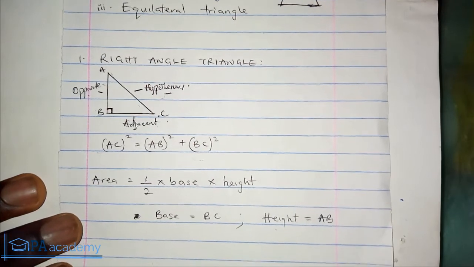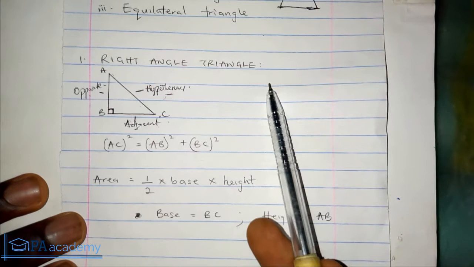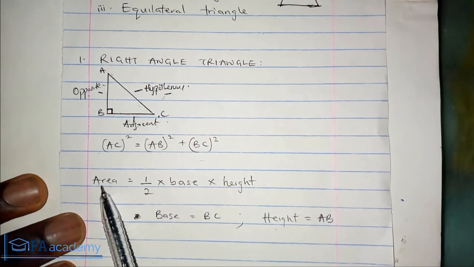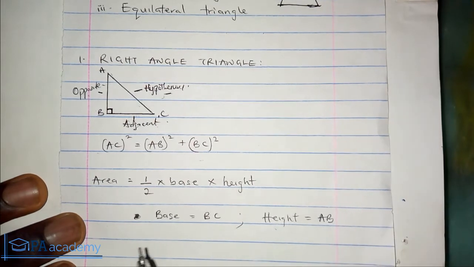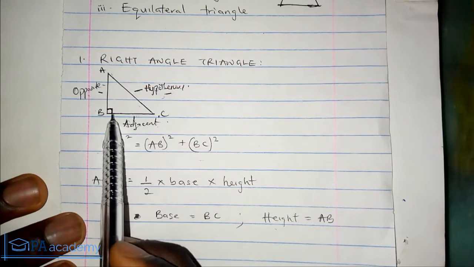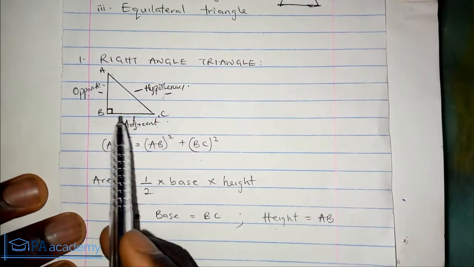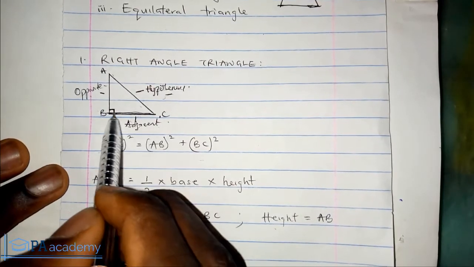But our main interest is the area. How to find the area of a right angle triangle. This is the formula: the area is half base times height. Using this as an example, the base of this right angle triangle is line BC. This adjacent side represents the base.